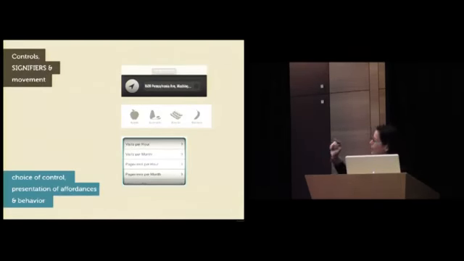Lastly, yesterday, before Don Norman spoke, this said controls, affordances and movement. So I had to change that quickly. Signifiers. I know I said everybody knows these words, but I think we're all going to have to get used to signifiers. What we're talking about here is that there's a choice in what controls you use to present to somebody, and then there's a choice in how they're actually styled.